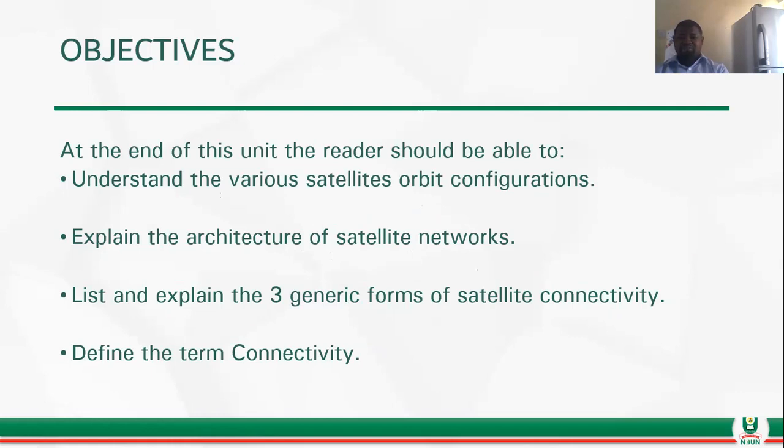You should also be able to list and explain the three generic forms of satellite connectivity. And then you should also be able to define the term connectivity. So at the end of this unit, you should be able to understand and explain what I just said are the objectives of the unit.